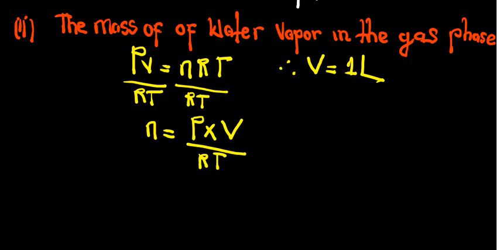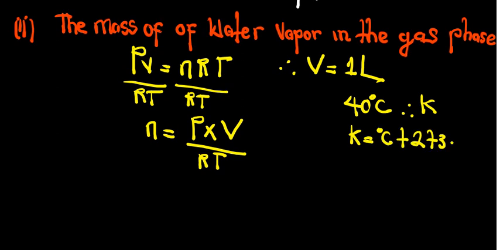The temperature. So now the temperature is at 40 degrees Celsius. And when you're using the ideal gas law, you're not supposed to use the temperature in degrees Celsius. You're supposed to use it in what? In Kelvin. The formula for converting degrees Celsius to Kelvin is Kelvin is equal to degrees Celsius plus 273.15 K. So what is our degree Celsius there?